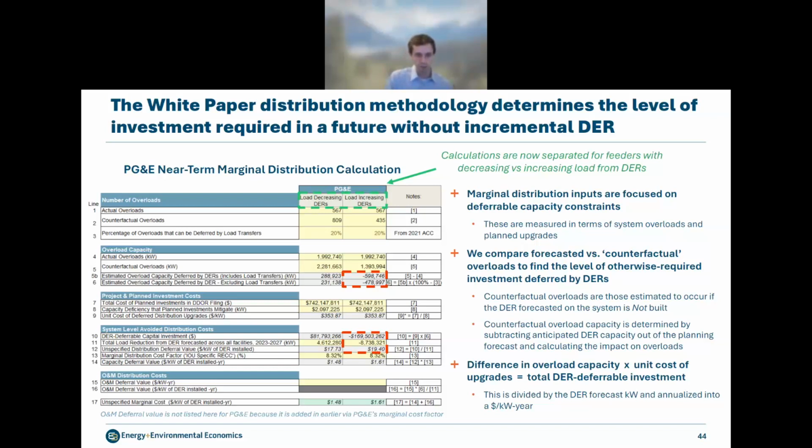Yeah, so on the distribution side, this is based on DER forecasts from the utility GNA and DDOR filings. I am blanking on the individual tab of those filings right now. It is in the documentation, but otherwise, if you want to follow up later, I can get back to you on that. Are those forecasts consistent with the IPER forecast of DER?